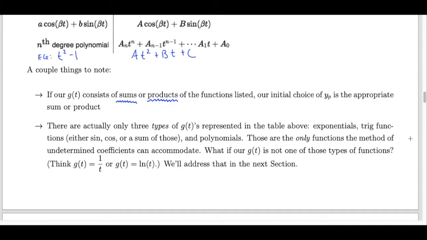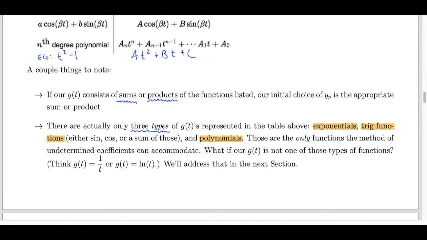And then this second bullet just points out that there are really only three types of functions represented in the table: exponentials, trig functions, by which I just mean sine or cosine or both sine and cosine, and polynomials. And as it turns out, these are the only types of functions that the method of undetermined coefficients can accommodate. Let me reiterate that.